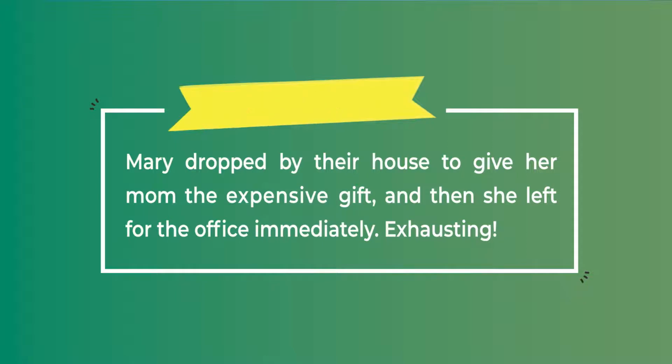The nouns we have in the sentence are Mary, house, mom, gift, and office. Among all the nouns, Mary is the only proper noun in the sentence because it's the only noun that's capitalized in the sentence, while the rest, house, mom, gift, and office, are common nouns.